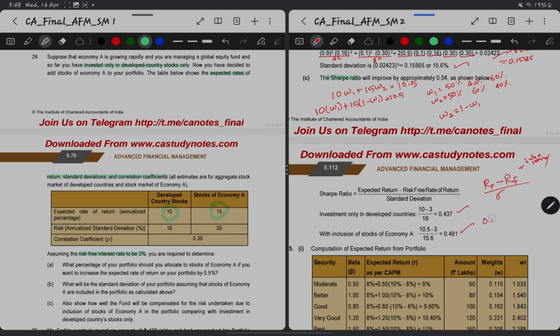So 0.481 minus 0.437 is nothing but 0.044. So that's what they have mentioned. The Sharpe ratio will improve by approximately 0.04. That's it. Thank you.